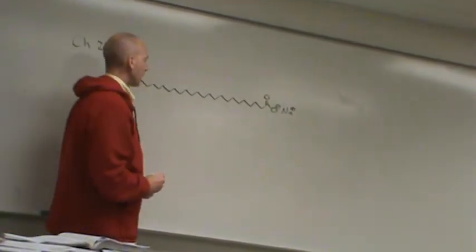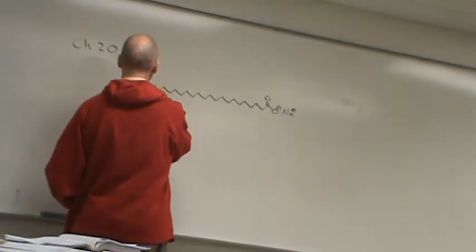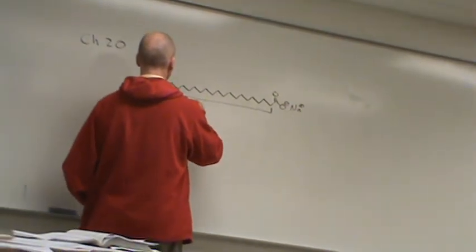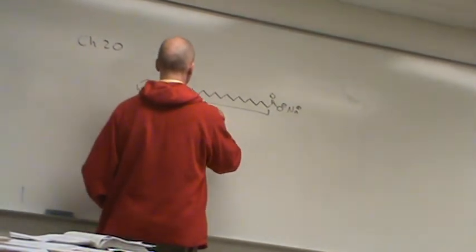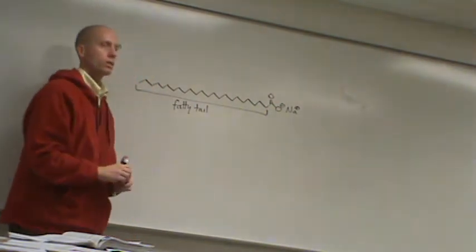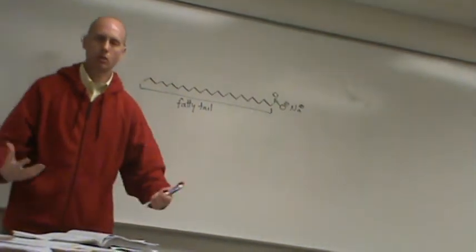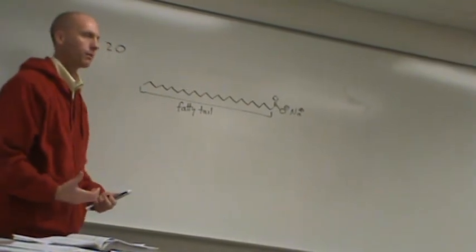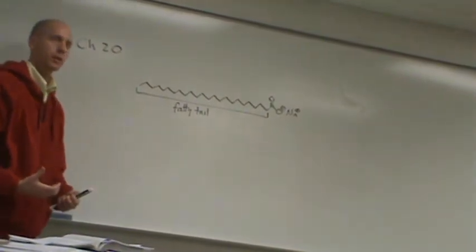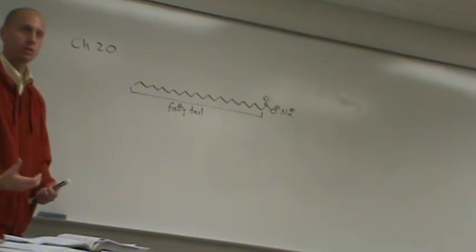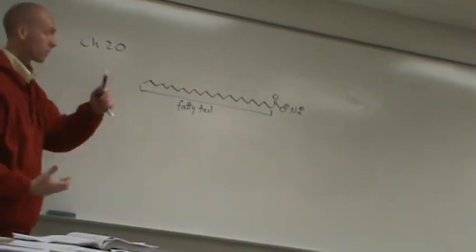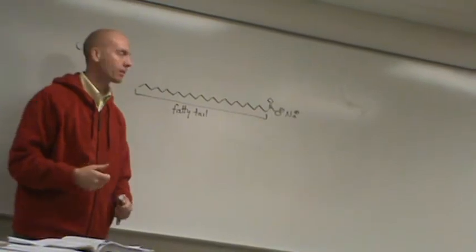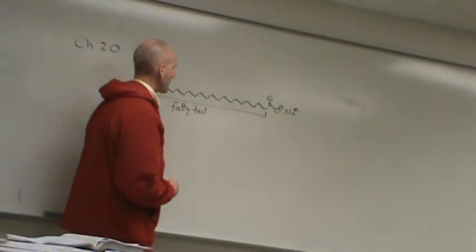And that long carbon tail we generally call a fatty tail. So when something has a long string of carbons, it makes it real fatty. Kind of reminds you of what? Fatty acids. What are fatty acids? With the acid group, but long carbon chains. So you have a fatty tail here.